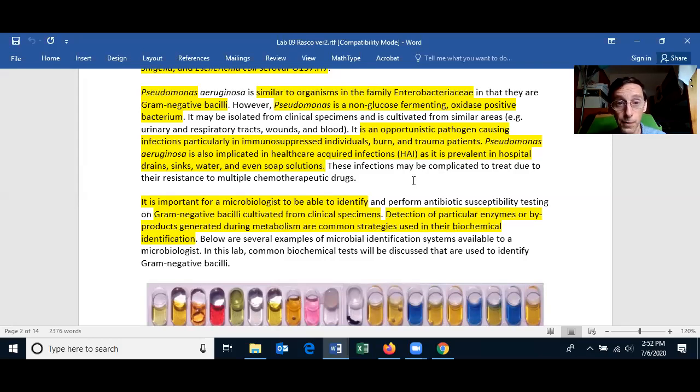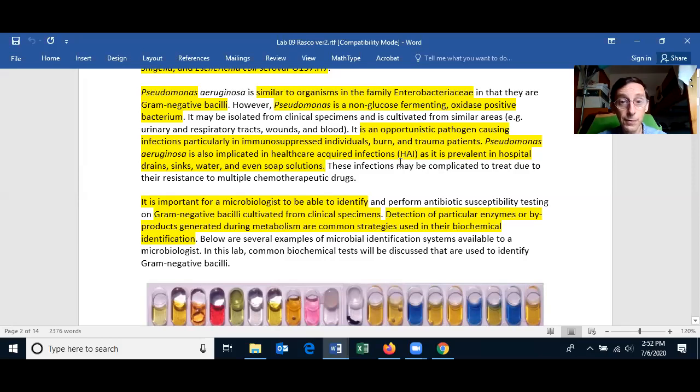However, the Pseudomonas do not ferment glucose, so that's different from the Bacteriaceae, and they're all oxidase positive. So that's different from the Bacteriaceae. And so that's how you can identify the Pseudomonas as being different from the Bacteriaceae. Any questions about that?